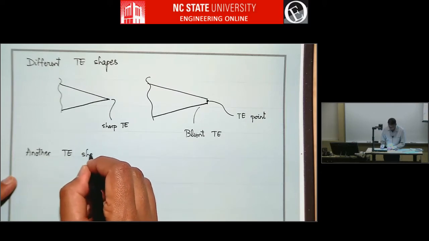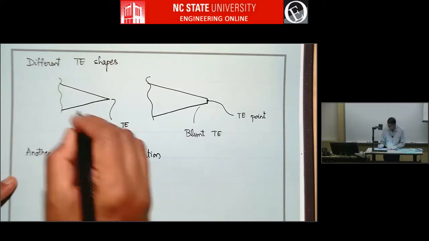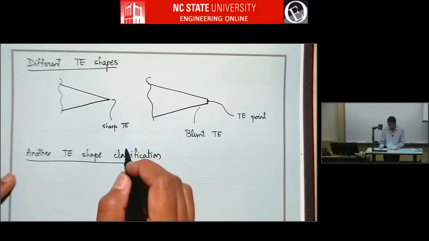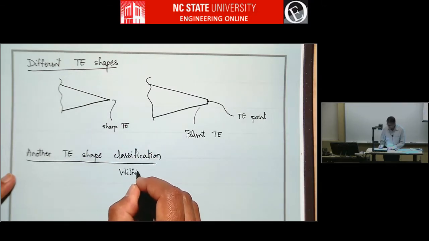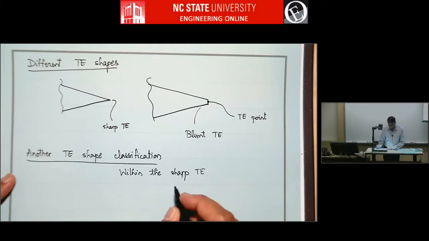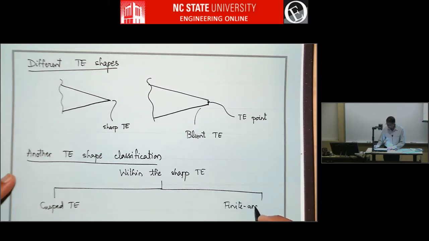So another trailing edge shape classification, within the sharp trailing edge. You can take the sharp trailing edge, and there are two types of sharp trailing edges. One is called a cusped trailing edge, and the other is called a finite angle trailing edge.